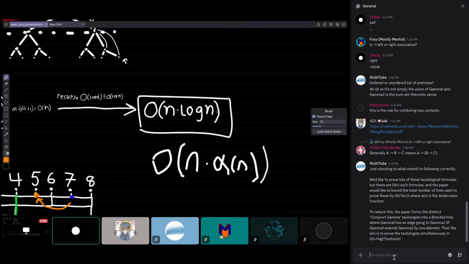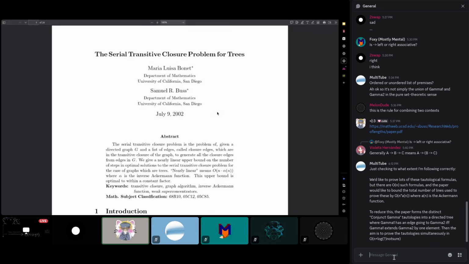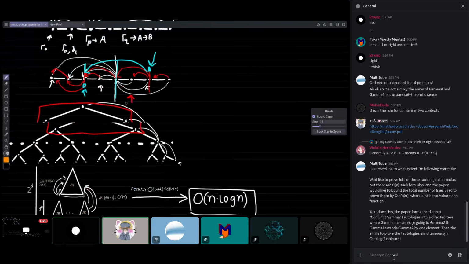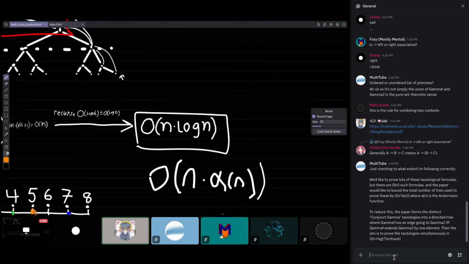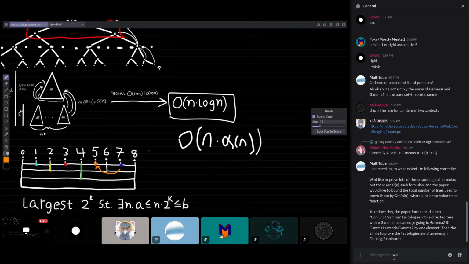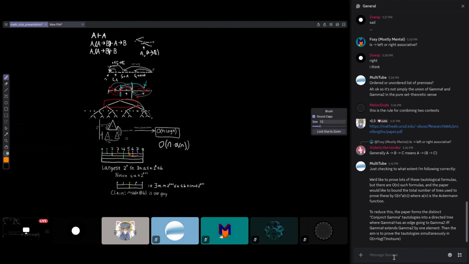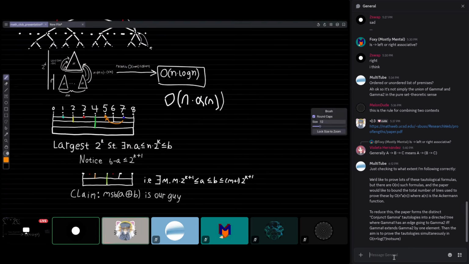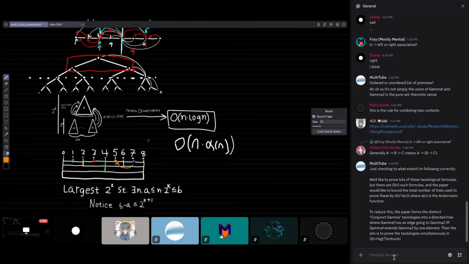They just show that there is a set of edges that has the property we want. They don't explicitly tell you how to construct that set of edges, but there is one. I just don't know what it is. So we just don't know how to find them. Okay. Interesting. All right.